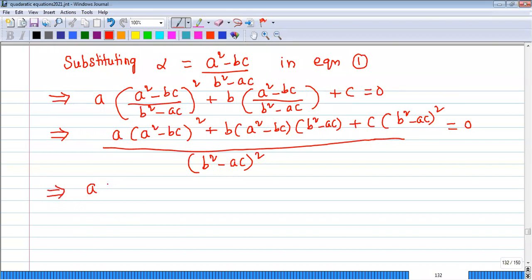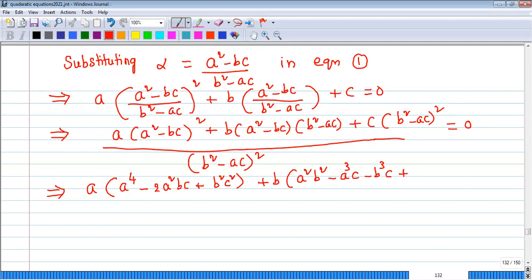This will be a times a power 4 minus 2a square bc plus b square c square, plus b times a square b square minus a cube c minus b cube c plus abc square, plus c times b power 4 minus 2b square ac plus a square c square equal to 0.